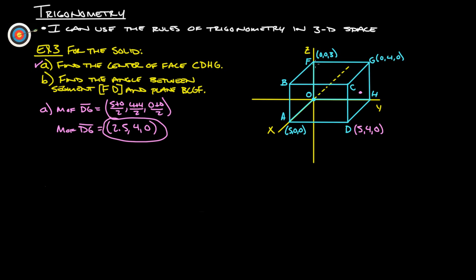Let's try purple. So we've got this line here, F to D, and then with this face here. So probably the easiest way to do that is to just find the angle. Just go straight underneath where this point meets. So basically we're trying to find what this angle is right here.